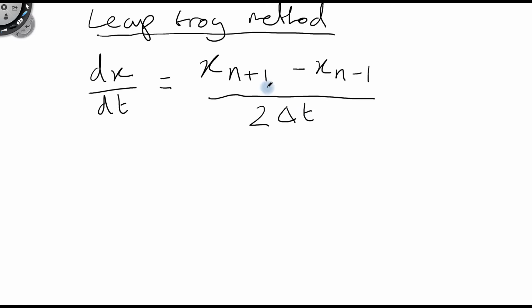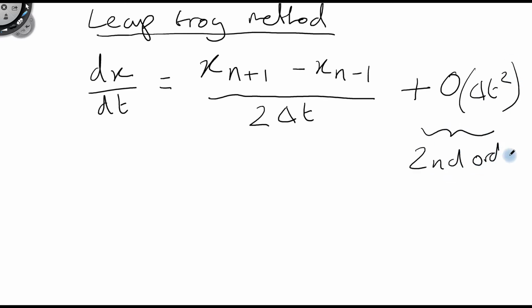We encountered this before with our Taylor series approximation, and remember, the error in that case was order delta t squared. So in this form, that means it's second order accurate.